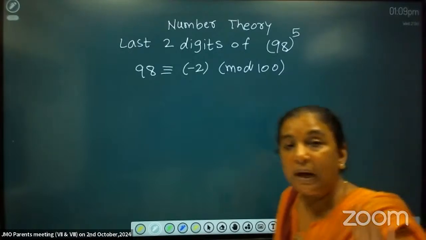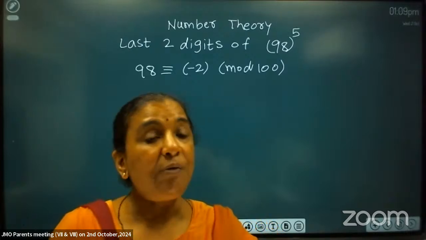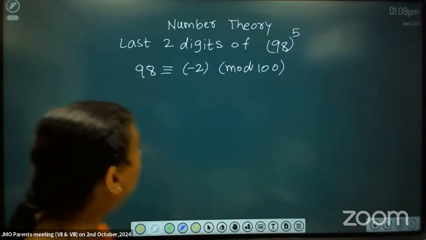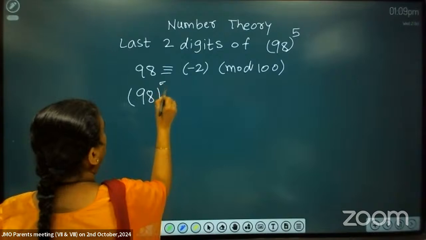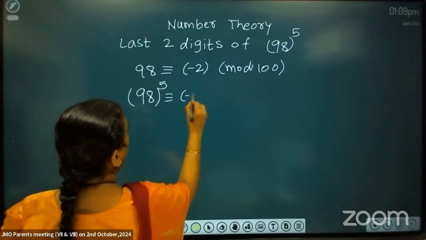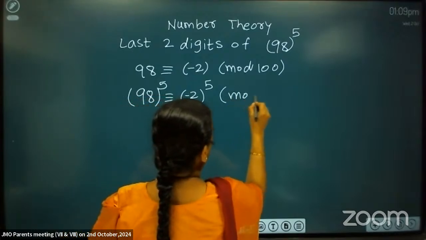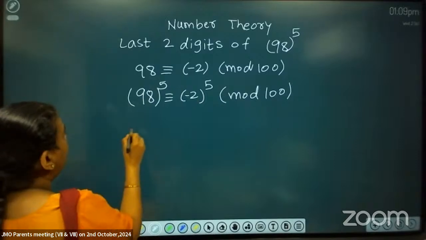Fine. Now, they have not given me the number 98. They have given me the number 98 to the power 5. So I will say 98 to the power 5 is equivalent to minus 2 to the power 5, mod 100. Now what is minus 2 to the power 5?